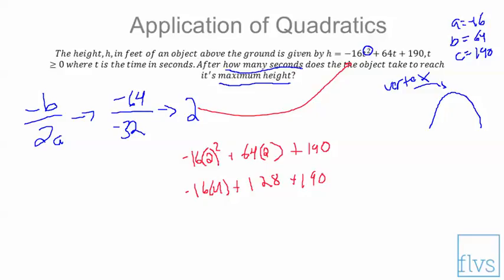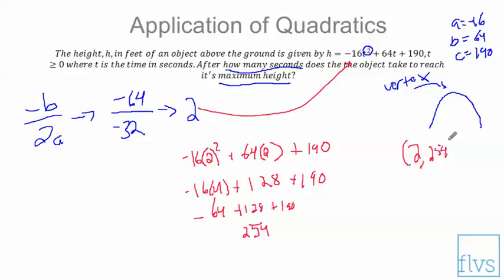I guess I could have gone ahead and did the negative 16 times 4, but negative 64 plus 128 plus 190. Then we'll just go ahead and put all that together. Negative 64 plus 128 plus 190 gives me 254. So the vertex of this parabola is 2, 254.